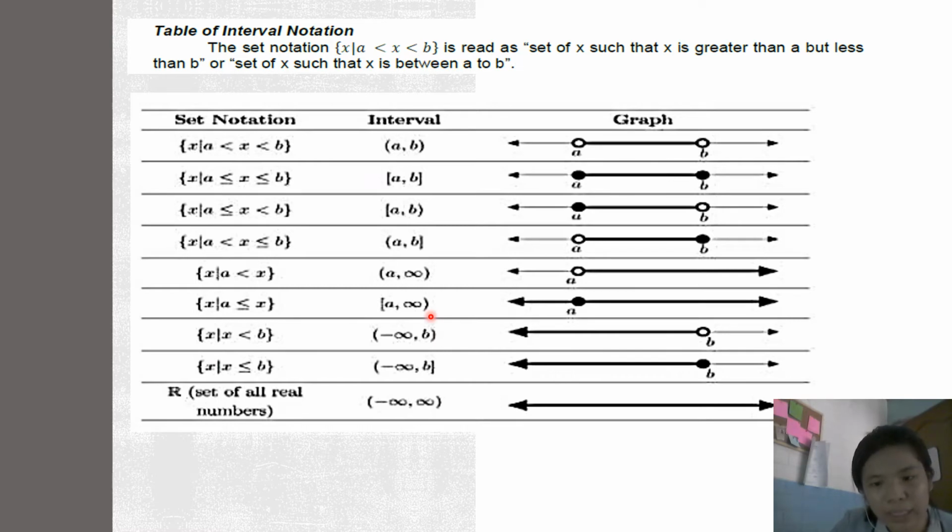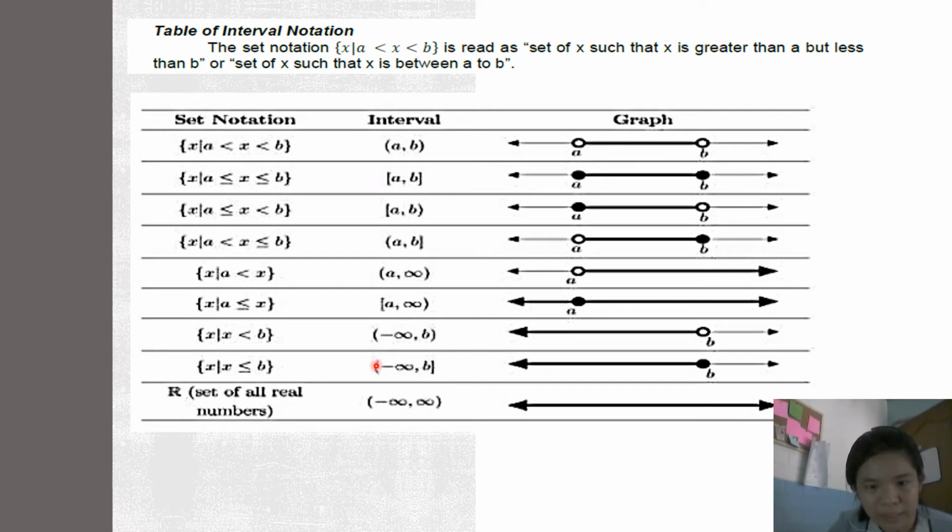Eto, bakit infinity lang po? Kasi automatic na yan, positive infinity na yan. Kasi kapag, halimbawa, sa integers, di ba, we do not write positive 3 anymore. We just write 3 kasi automatic na positive na yung number. So, yun. Open circle sila both kasi kapag may infinity tayo, laging open circle yan.